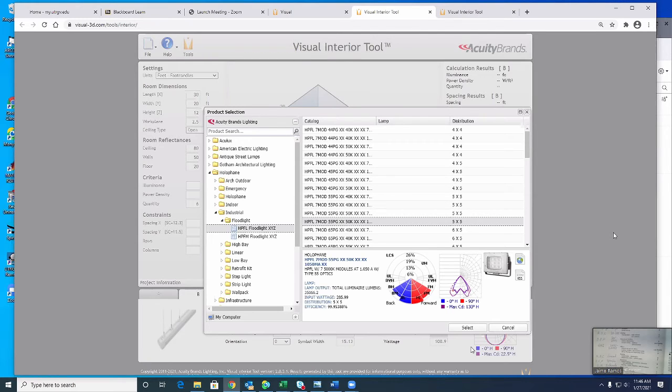Now, it has two color rendering, blue and red. So it takes time to understand what do they mean.